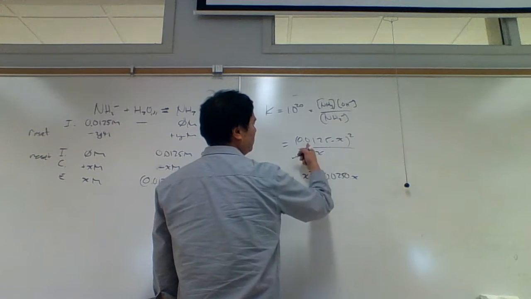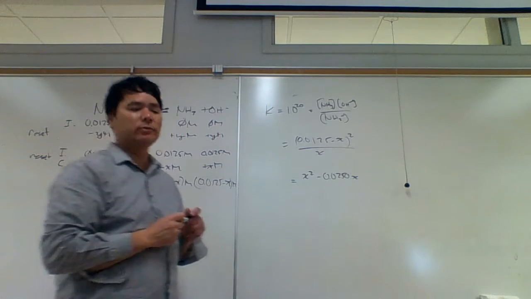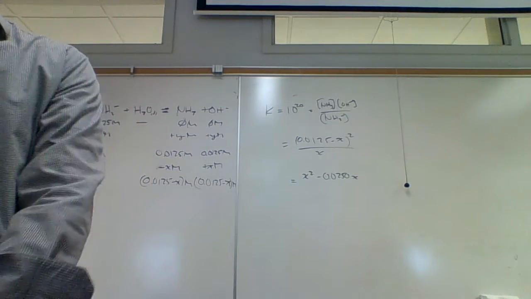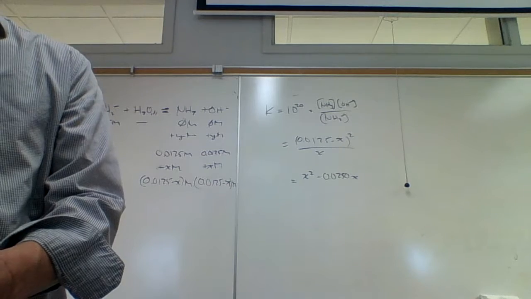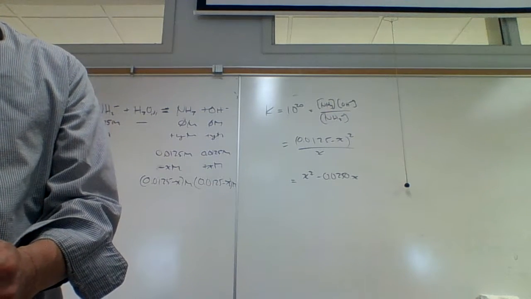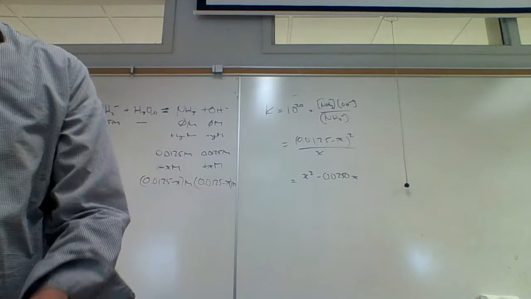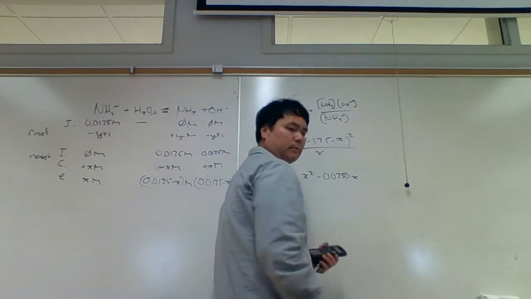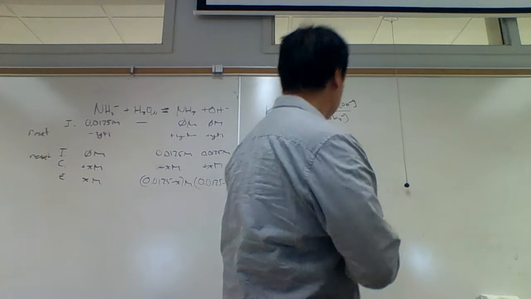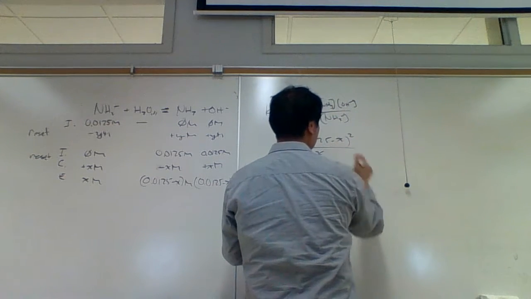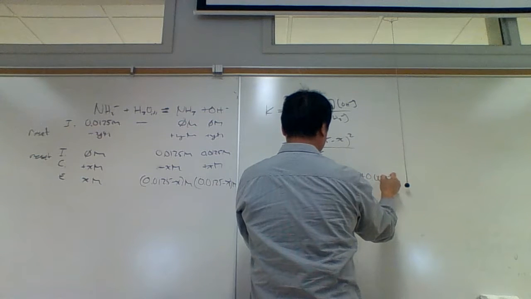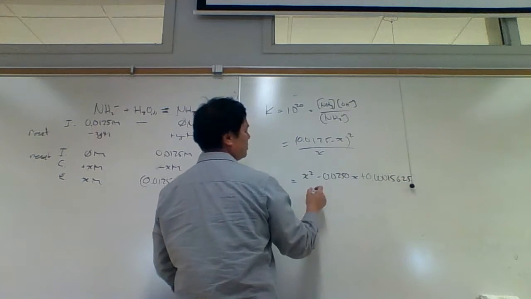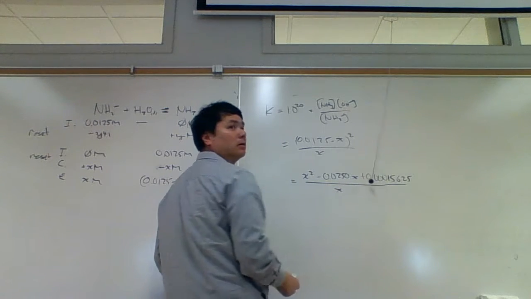And then 0.0125 times 0.0125, or 0.0125 squared, is 1.56. I'm going to write this in decimal form here, and this is going to be a plus 0.0001565. I'm carrying extra digits here. Divided by X.